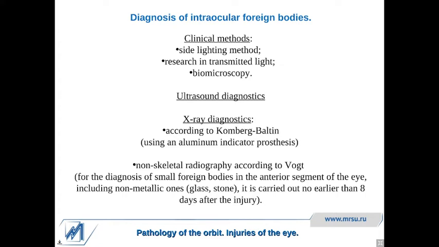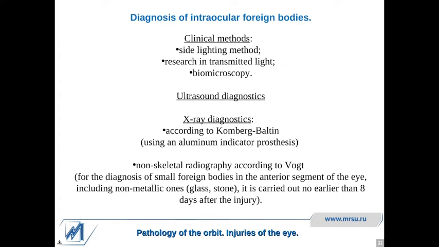And if we speak about X-ray positive foreign bodies, of course, we need to use X-ray. But I need to remember that all blunt traumas of the orbit need X-ray diagnostics. There are two variants of X-ray diagnostics in ophthalmology.